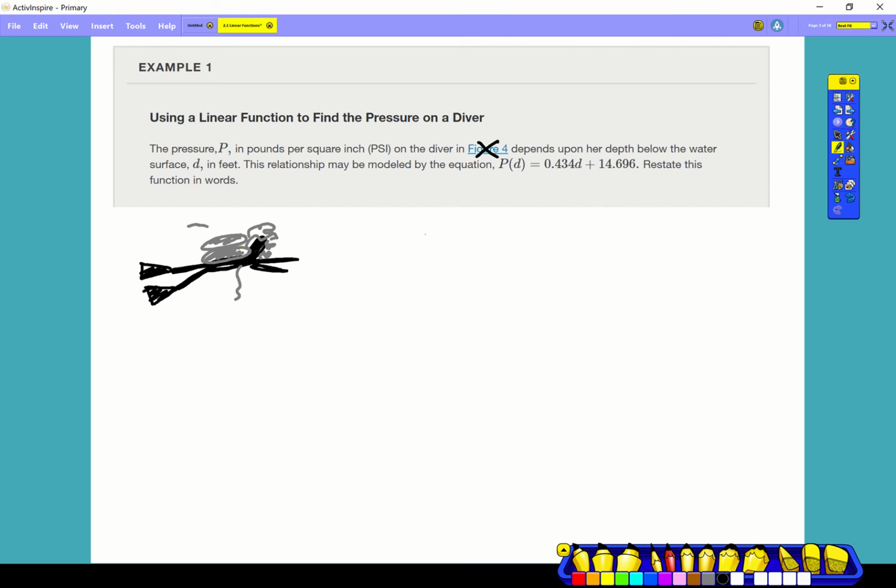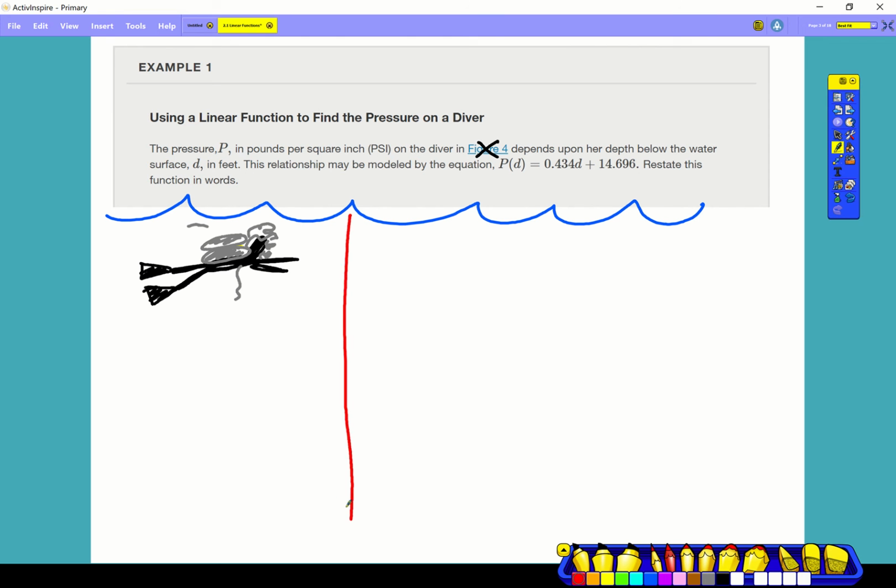So here's our diver. And the pressure in pounds per square inch on this diver depends upon her depth below the water surface in feet. So it's going to depend on depth in feet and the pressure on her.